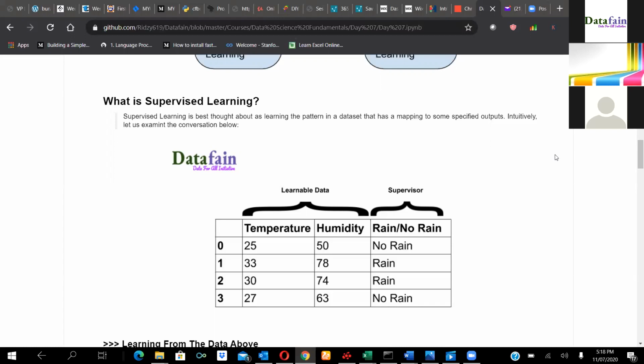And then the supervisor, which is the rain or no rain, is our output data. So simple equation, you have y is equal to mx plus c, where y is a dependent variable and x is the independent variable. So in this case, temperature and humidity are all the values of x, while your y is the supervisor, which is your specified output.